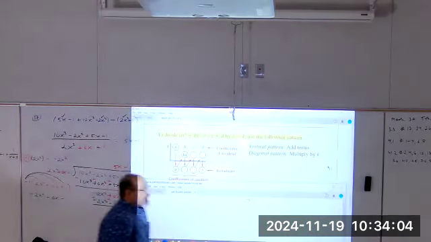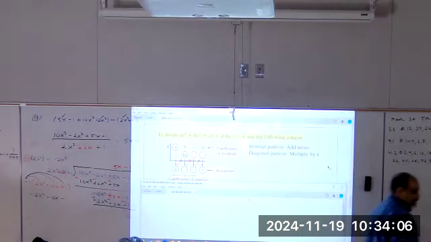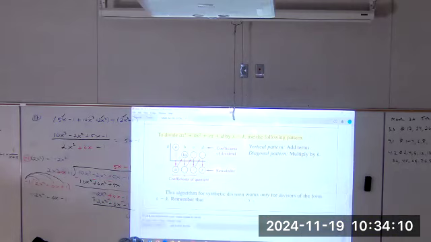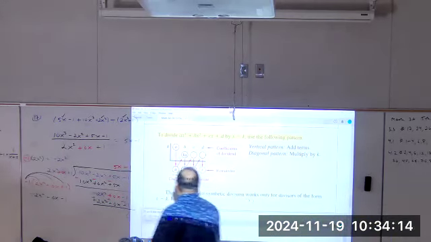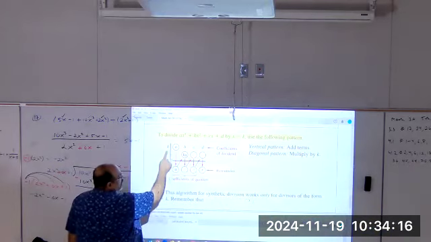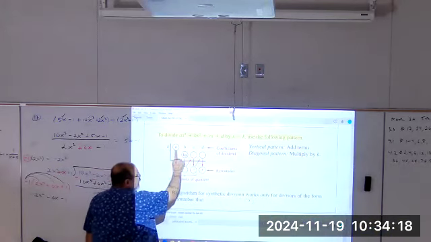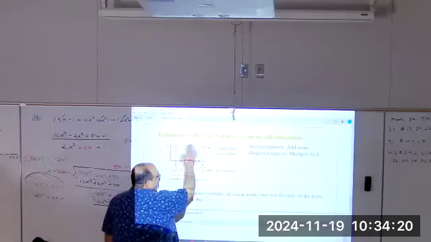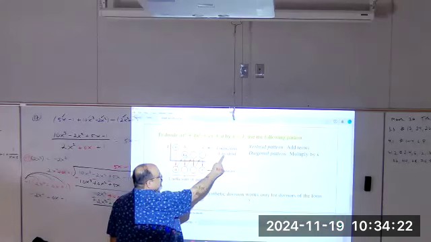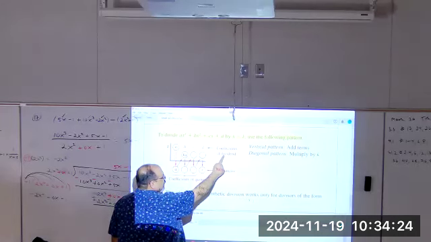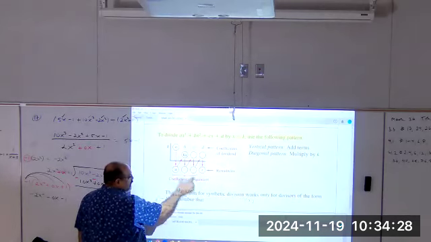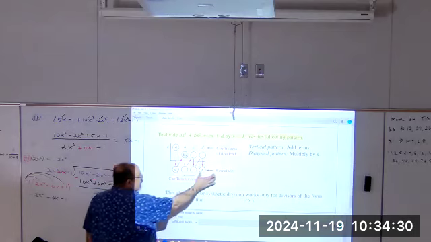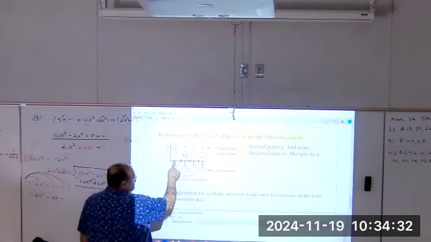So this is their language. All they do is they put a K here, and they do the A, B, C, D, and they tell you those are the coefficients of the dividend. And then they say these are the coefficients of the quotient, and that's the remainder.